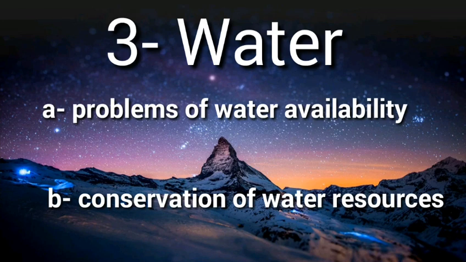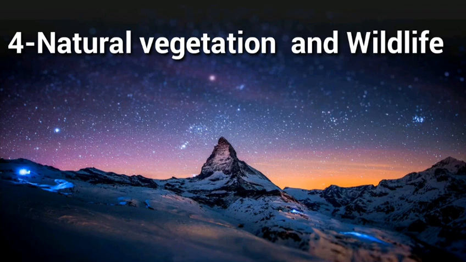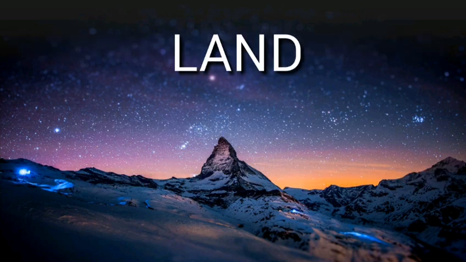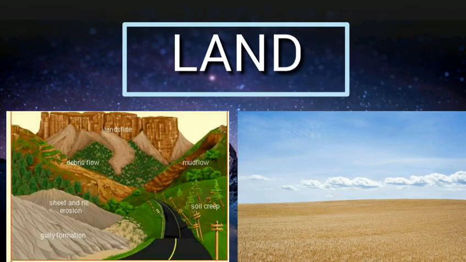You have already studied many things about water, but in this chapter we will study the problems of water availability and conservation of water resources. Our next topic is natural vegetation and wildlife. In it we will study 2 subtopics: distribution of natural vegetation, and conservation of natural vegetation and wildlife. So let's start our first topic, land.